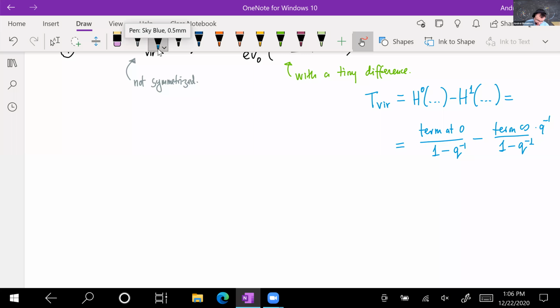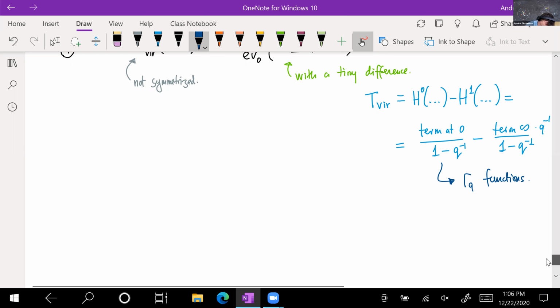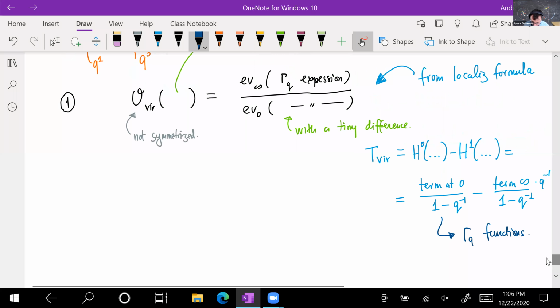And so then if I think about what this is going to be, this will give me Q gamma functions. Clear?